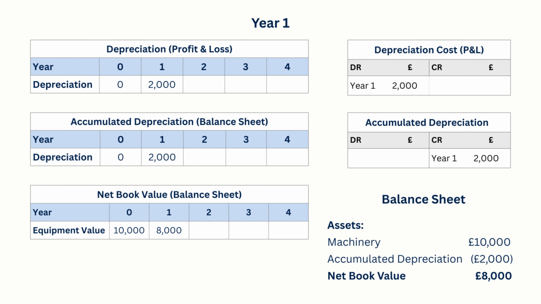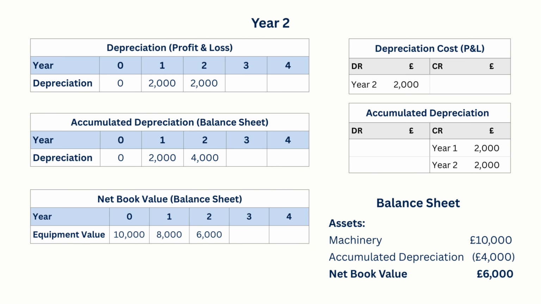End of year 1. We charge £2,000 depreciation for the year. Accumulated depreciation is £2,000. Net book value equals £10,000 minus £2,000 depreciation. So the balance sheet would show machinery £10,000, less accumulated depreciation £2,000, net book value £8,000.